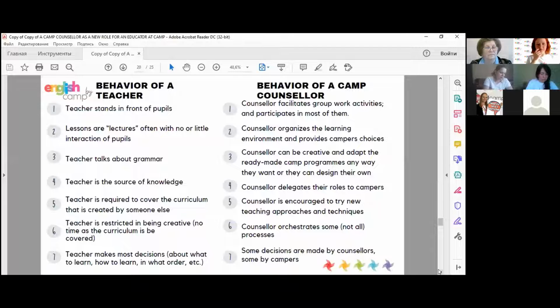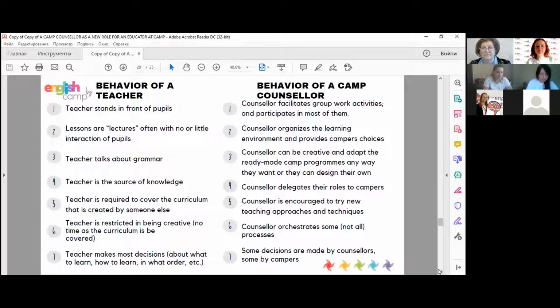You will find information about the differences in behavior of a camp counselor and a teacher. Please think about it. This will definitely ease your transformation from a teacher to a camp counselor.